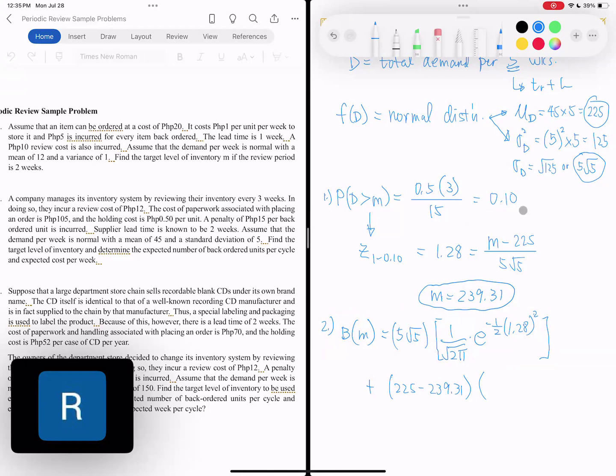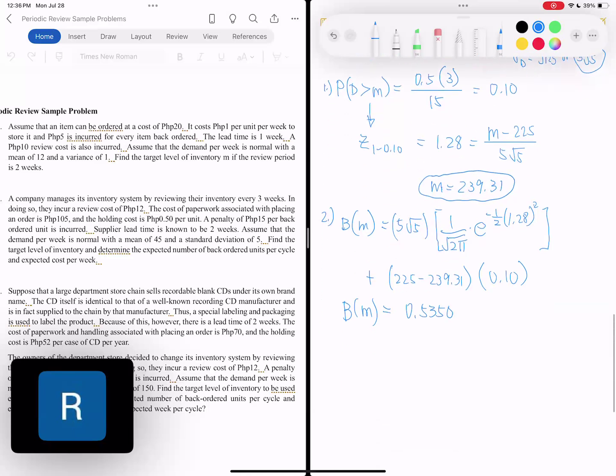So you just plug it in, times 0.1. That's your H TR over P. Calculating this, can somebody verify? Is this correct? Same, sir. Okay, thank you.